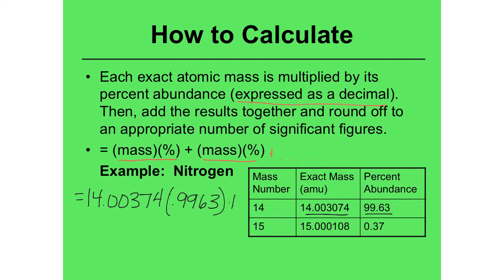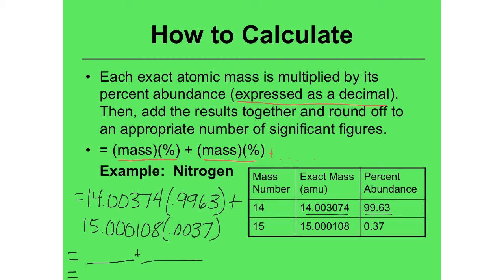Normally I would write this all in one line, but I don't have a huge amount of space, so I'll have to write it below. We would do the same thing with the 15 number, so 15.000108 times, we still have to move the decimal on there, 0.0037.